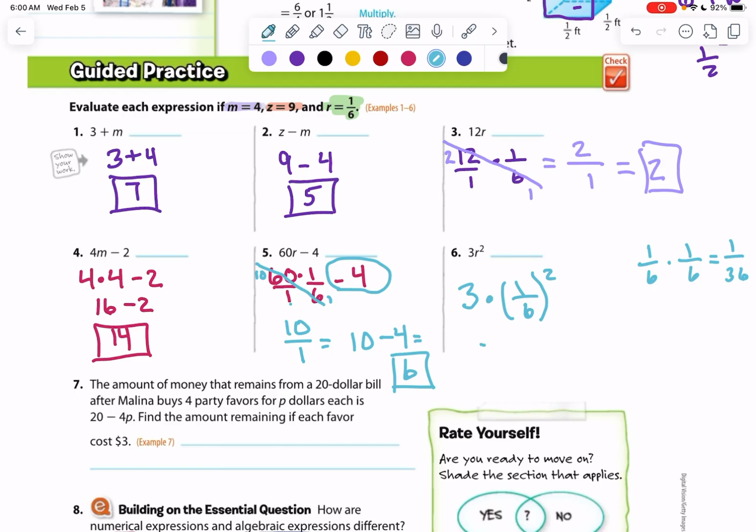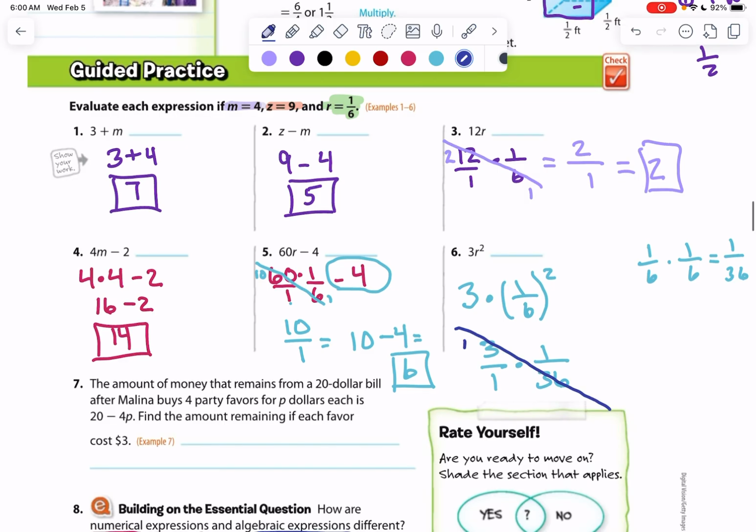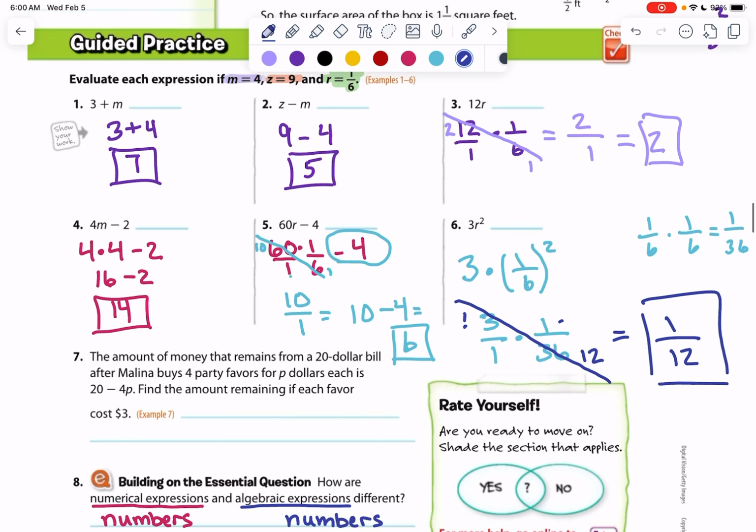So we've got 3, I'll put it over 1, I know I'm multiplying by a fraction, times 1/36. And I can cross cancel. 3 divided by 3 is 1. 36 divided by 3 is 12. Okay? 1 times 1 is 1. 1 times 12 is 12. Final answer. Boom. All right.